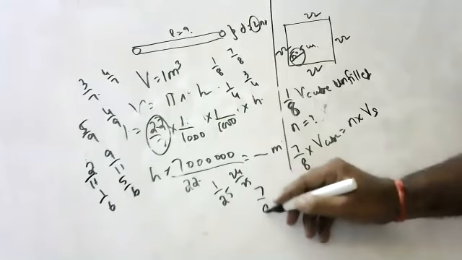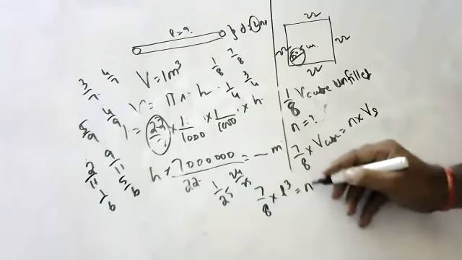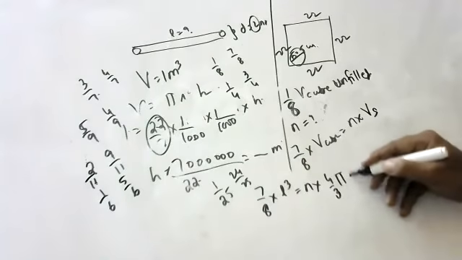7/8 into a cube, a cube is equal to n into 4/3 pi r cube.